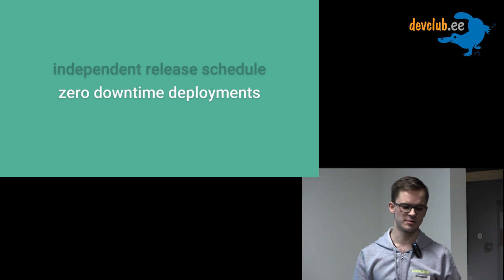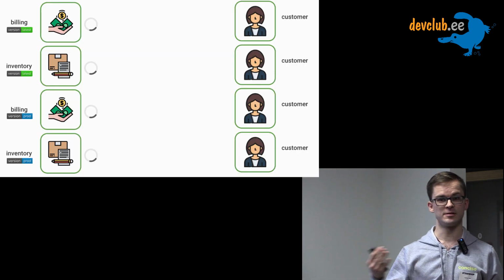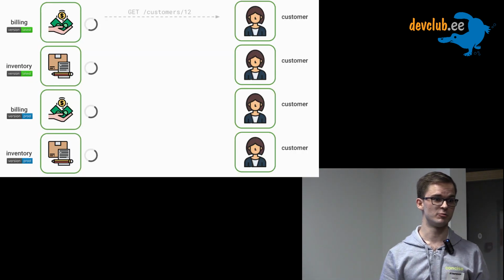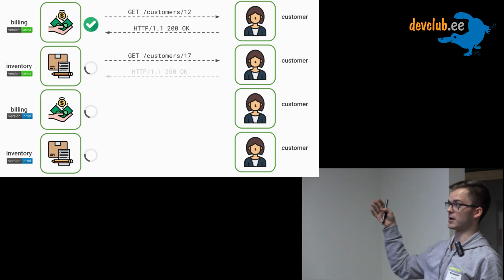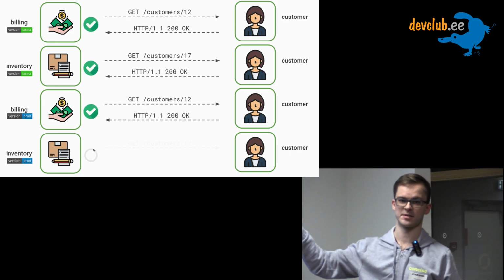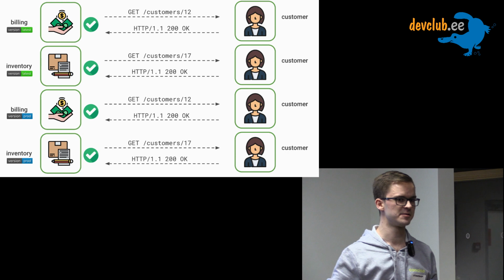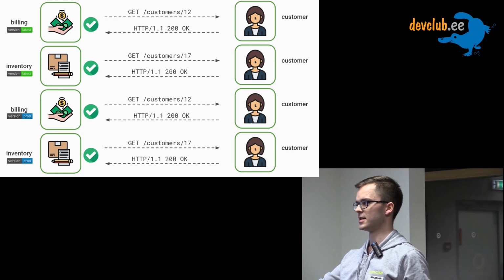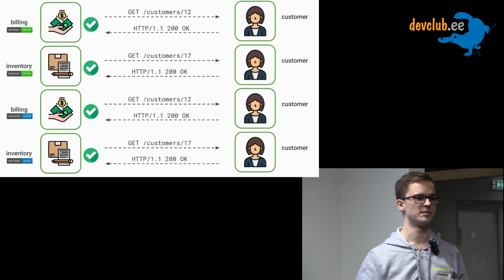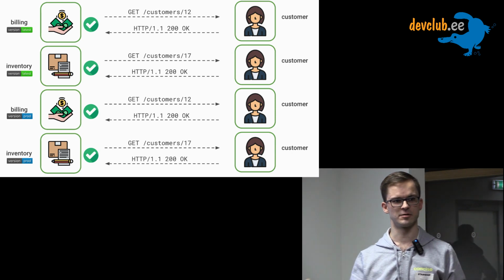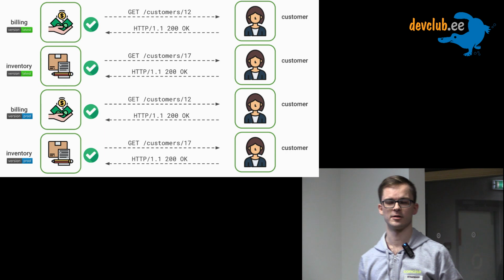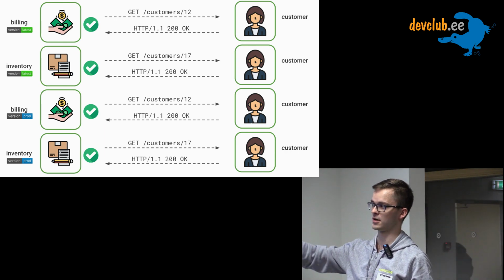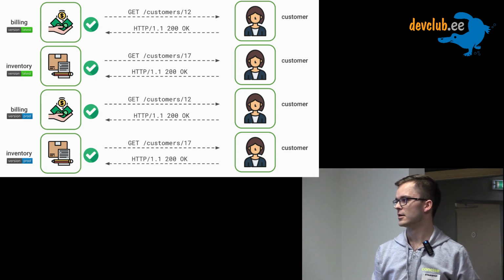So, yeah, this was zero downtime releases. If they would want to remain backwards compatible, they would still have to. The customer team would have to, first of all, test their changes against the latest billing and inventory service, and also, if they want to go straight to production, they would have to still test their changes against what is in production currently, just to make sure that nothing breaks if they go straight to prod without the other services going there.